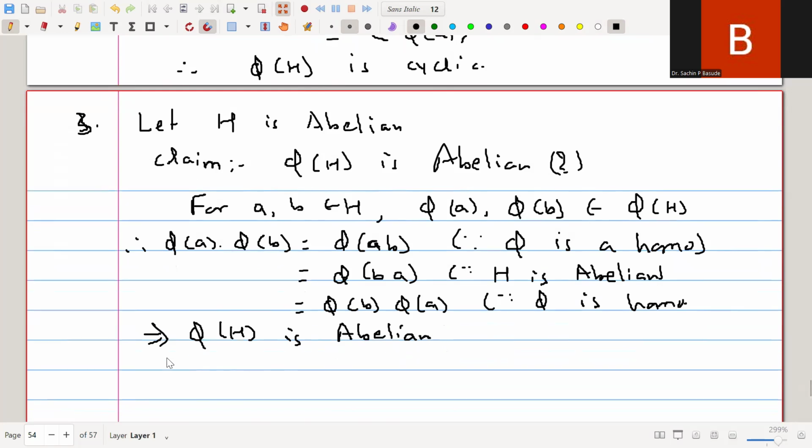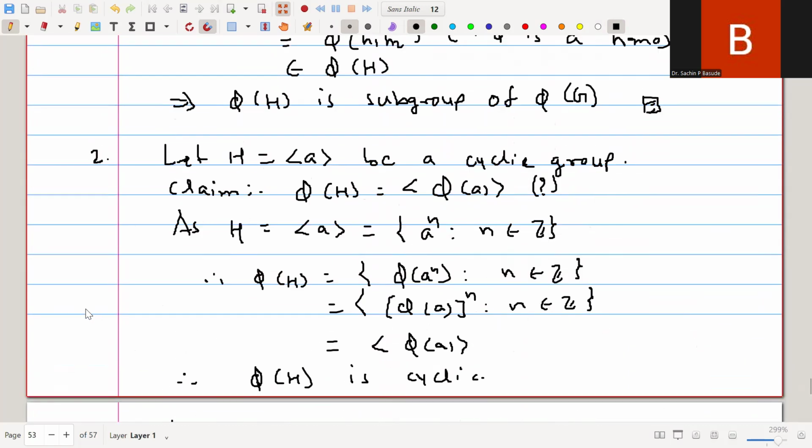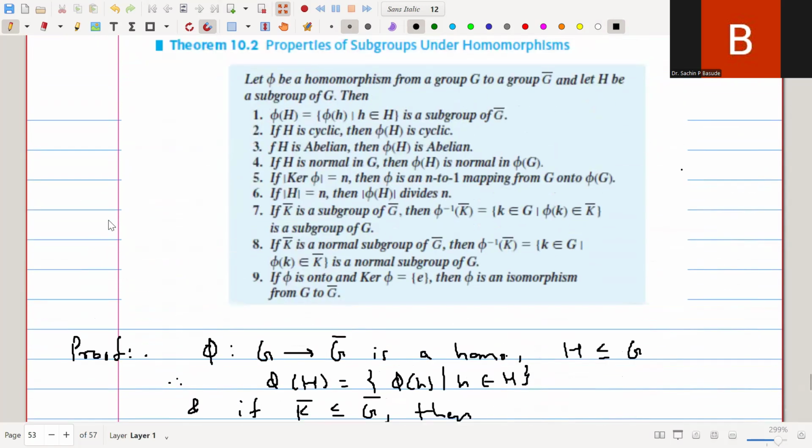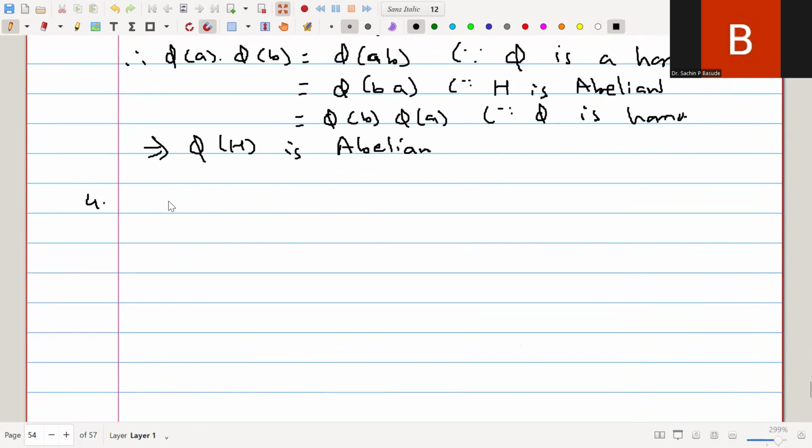This is the third part. Now the fourth one: if H is normal, then phi of H is normal. Let H be a normal subgroup of G. What does this mean?